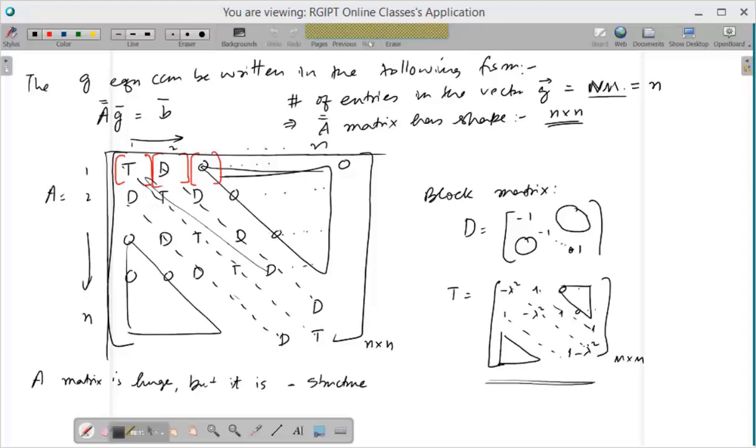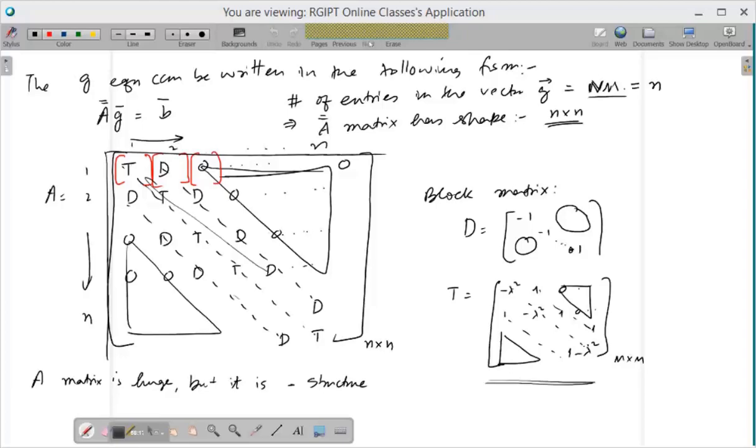Okay? You can make this matrix very easily. You can basically construct sub matrices and then join them. You know how to concatenate two matrices in MATLAB, right? So you can just join them.